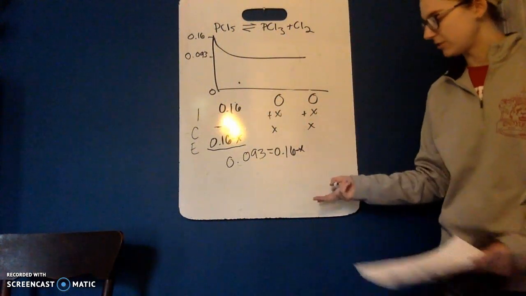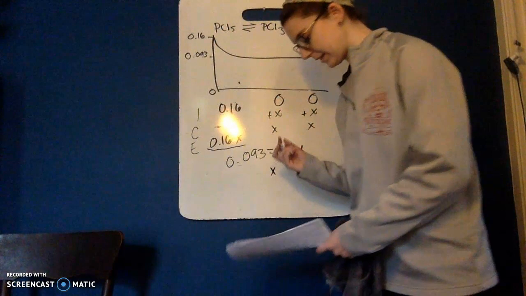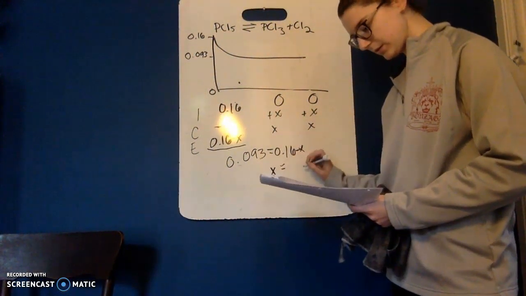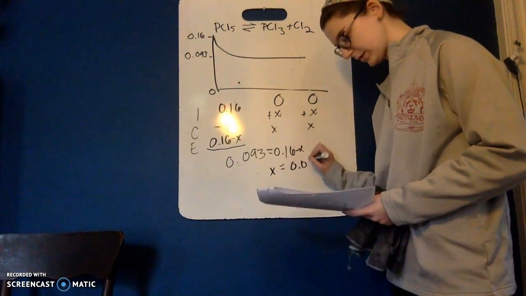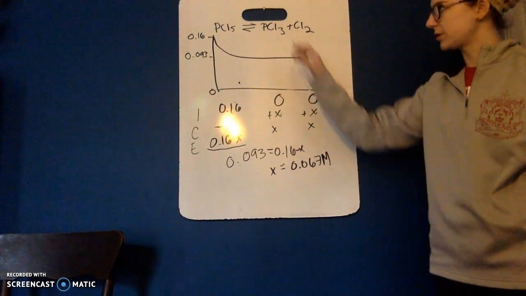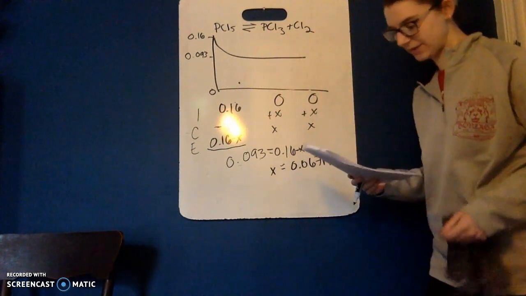So we can go ahead and just solve for x through that information. We don't necessarily need the Kc value. And we get x equals 0.067 molar. So at equilibrium, we know the concentration of PCl3 and Cl2 is 0.067.